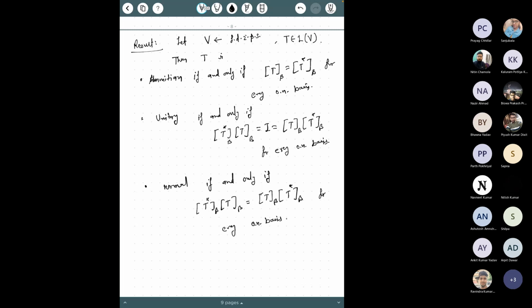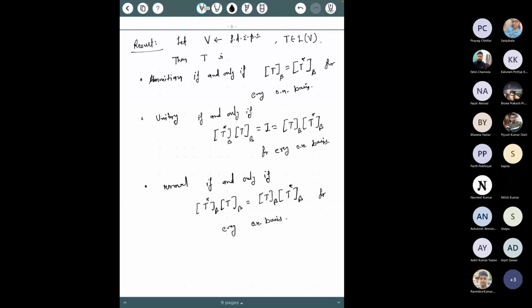Proving this is not difficult. So how much time do we have left? We have 15 minutes. I'll prove this for one case, the unitary case, and then using a similar idea you can prove the other cases also. This is again not that difficult to show.